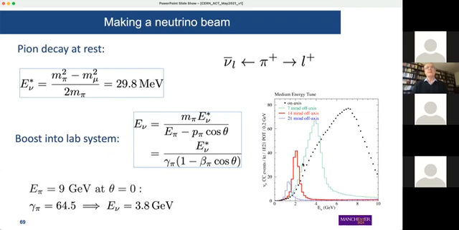One way of looking at it is that by going off axis, you select slices of this, but of course the slices as you go to the left of this black curve will become narrower and narrower. But it's basically just a kinematic effect from this boost.